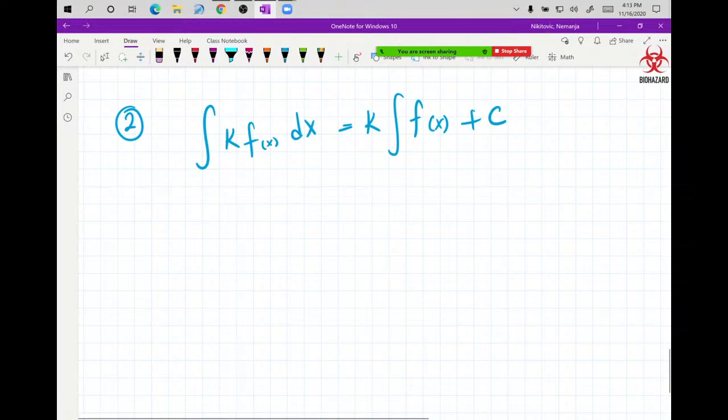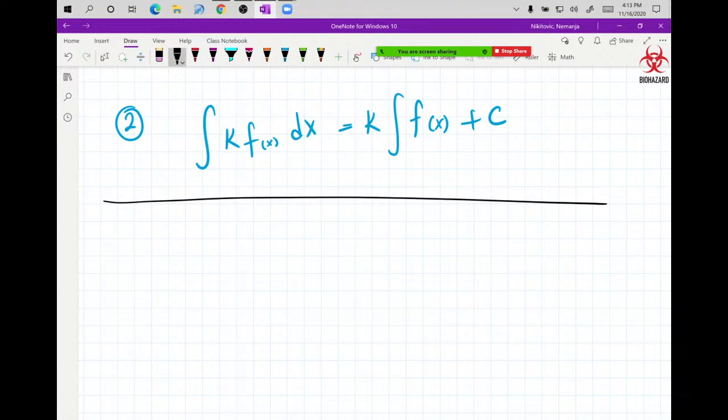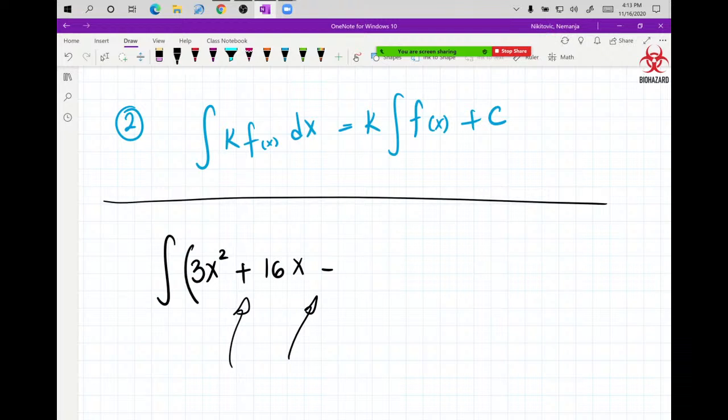All right, so now armed with this knowledge, you can say integral of 3x squared plus, I don't know, 16x minus, now we know this needs to be all in parentheses because I have multiple terms. Terms are separated by plus and minus signs.